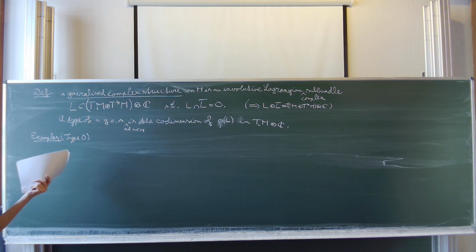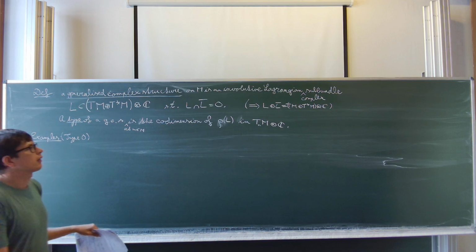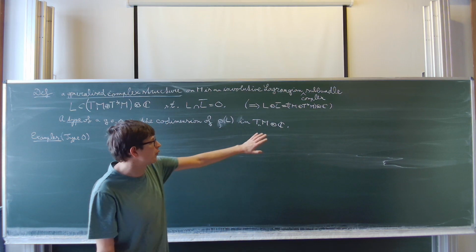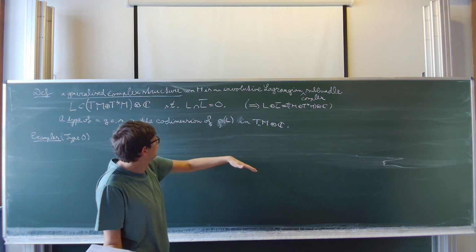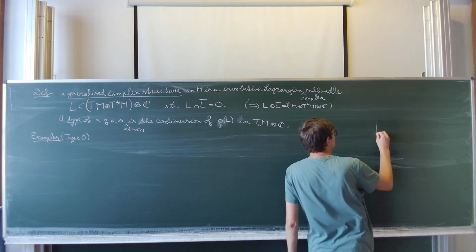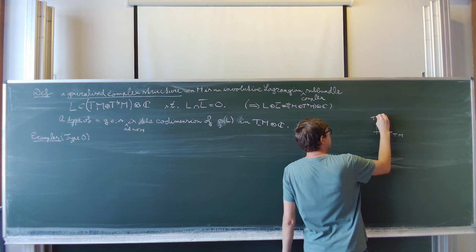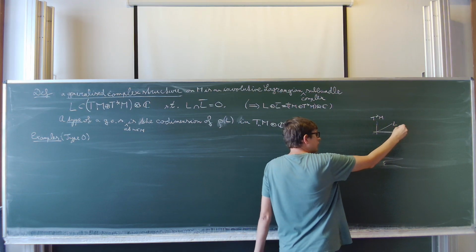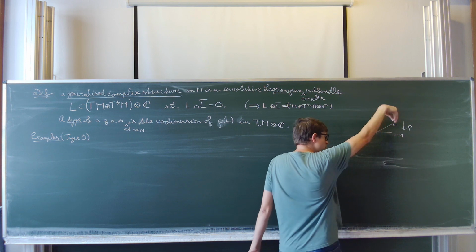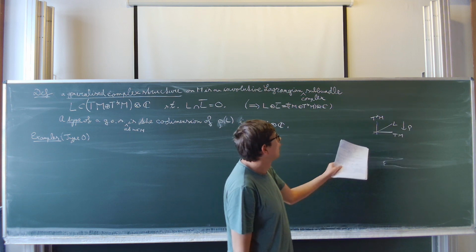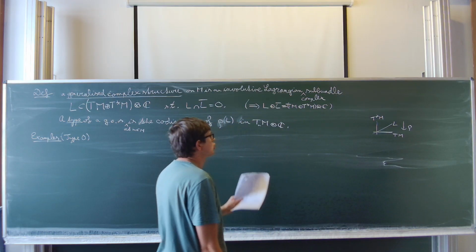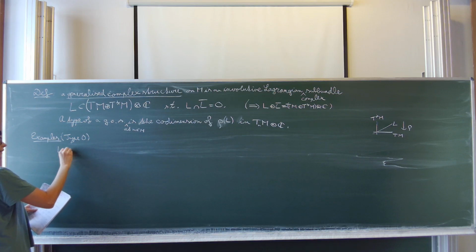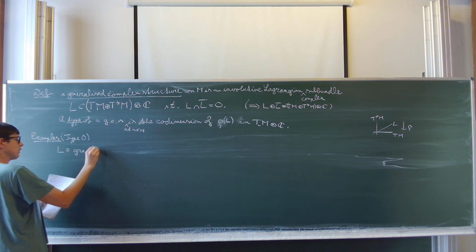If you had a graph of a symplectic or pre-symplectic form, then, in the first theorem we had before, this L was sitting like this, and if you project it onto the anchor map, which here is really just vertical projection down, then it would be surjective. So we want something similar. Let's take this L to be a graph of something.